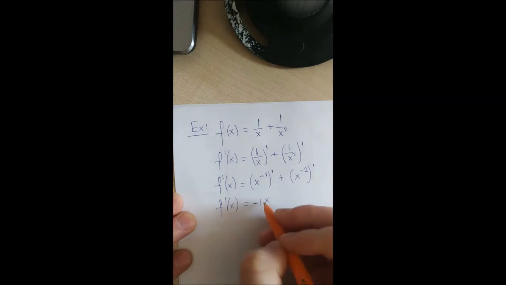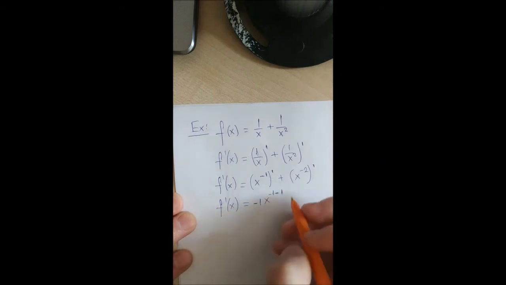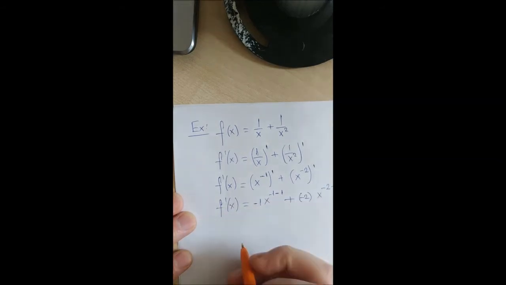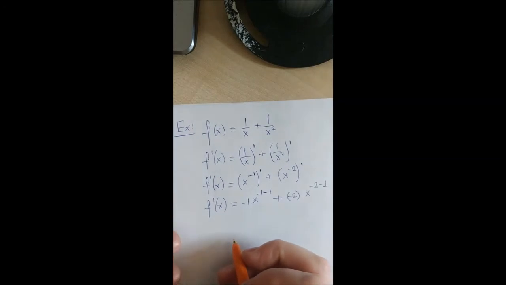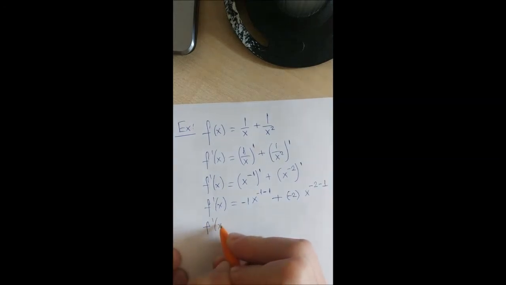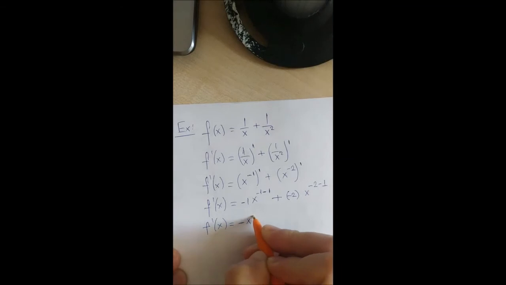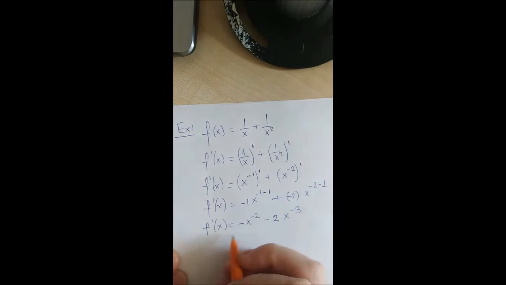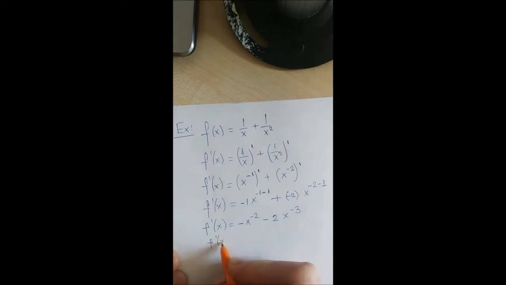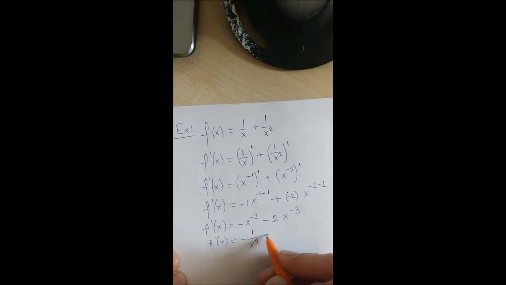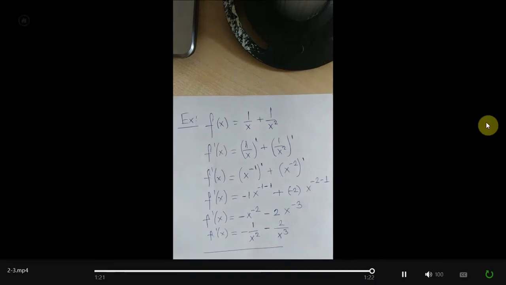So minus 1 times x to the power of minus 1 minus 1, plus minus 2 times x to the power of minus 2 minus 1. Then f prime x is minus 1 times x to the power of minus 2, plus minus is changed to minus. F prime x is equal to minus 1 over x to the power of 2 minus 2 over x to the power of 3. The result.